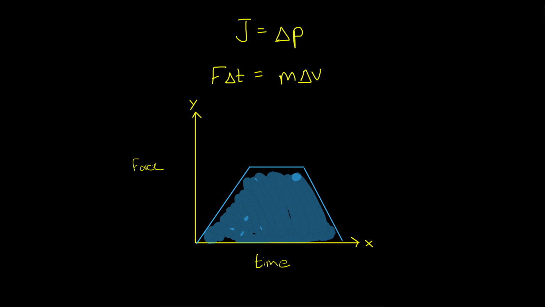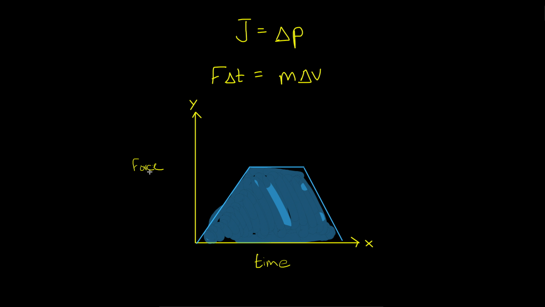This is a better way to figure out all of the forces acting on an object over a certain period of time. It's a more generic overall way to put it all together. So if you wanted to solve for the impulse, we would just need to solve for the area underneath this curve.